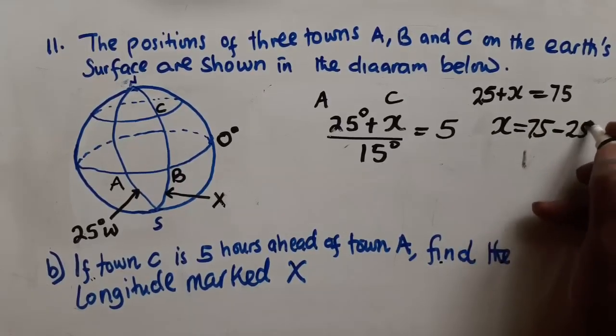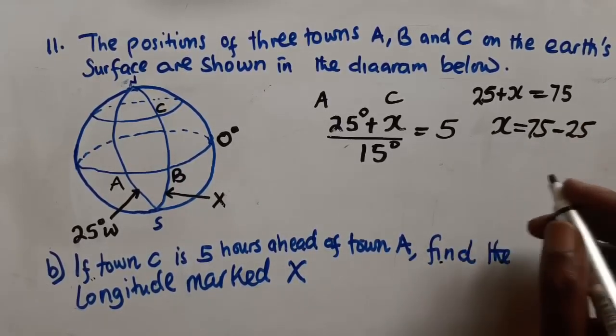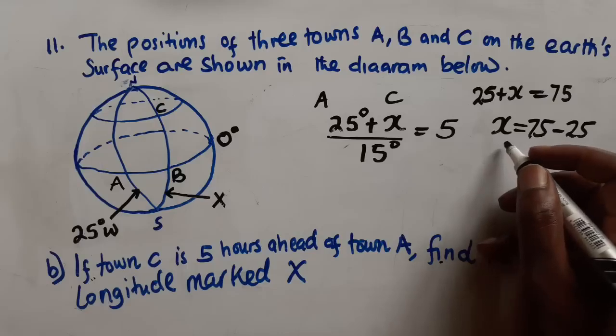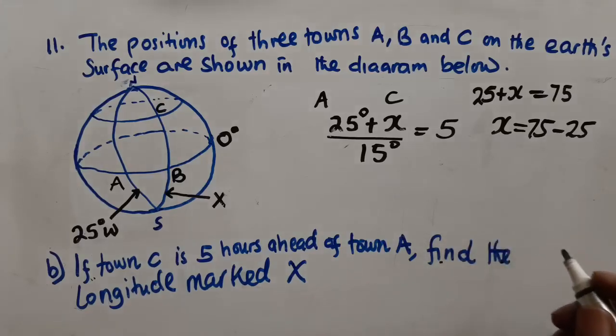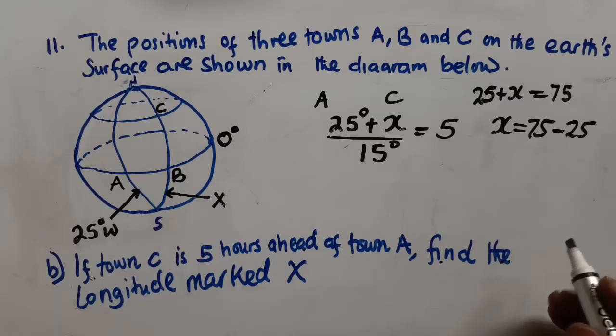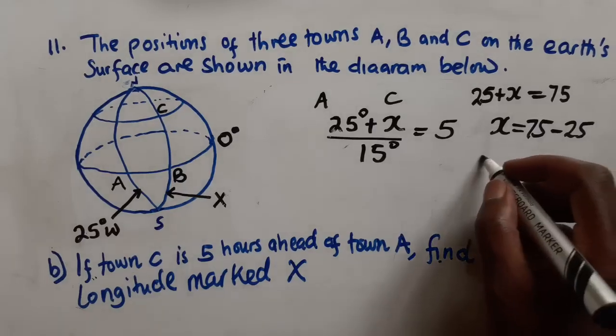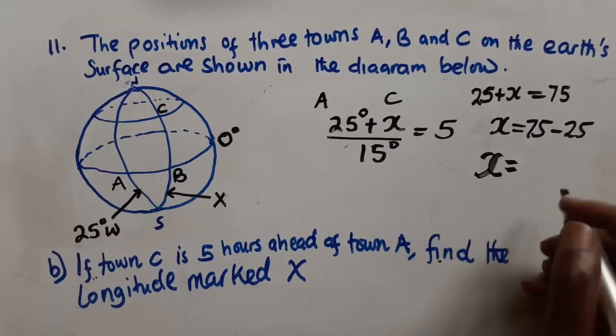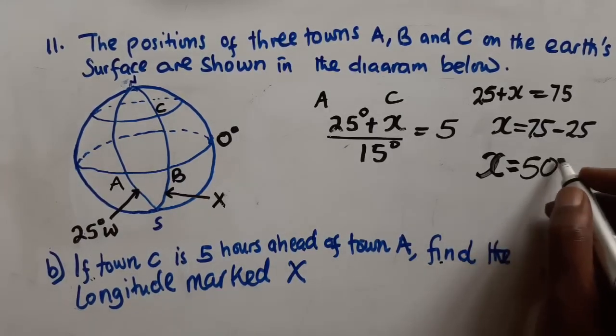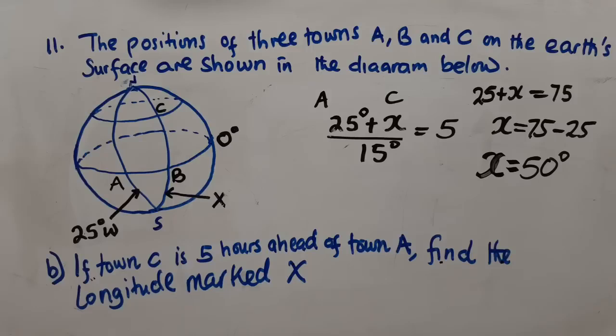Then to get x, you say 75 minus 25. What are you going to get? 75 minus 25, what do we get? So x is equal to 50 degrees. x is equal to 50 degrees.